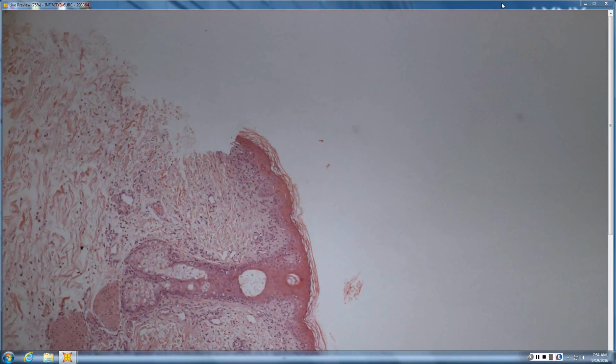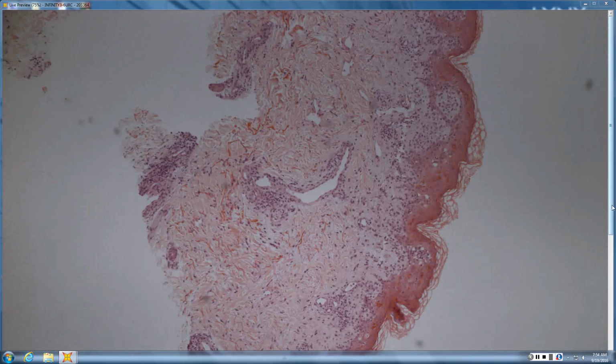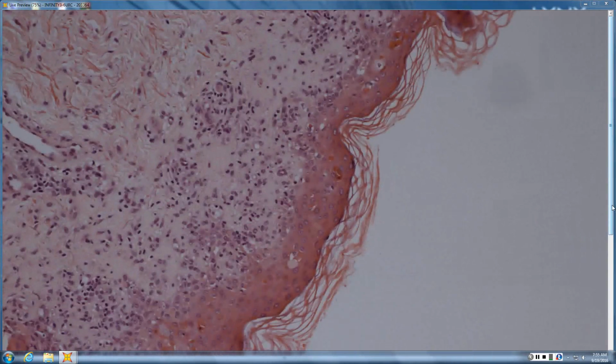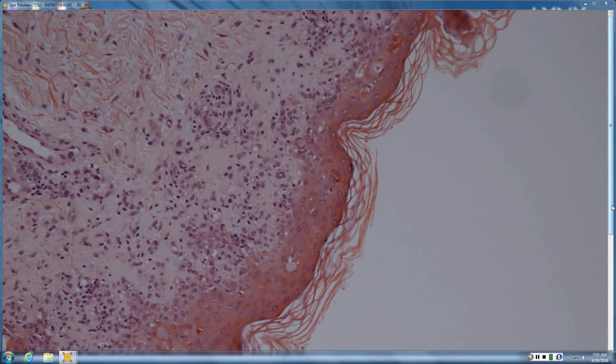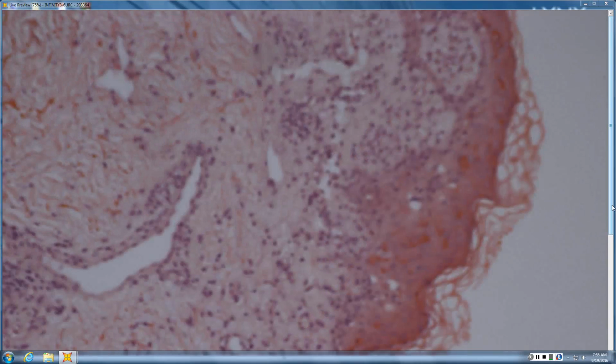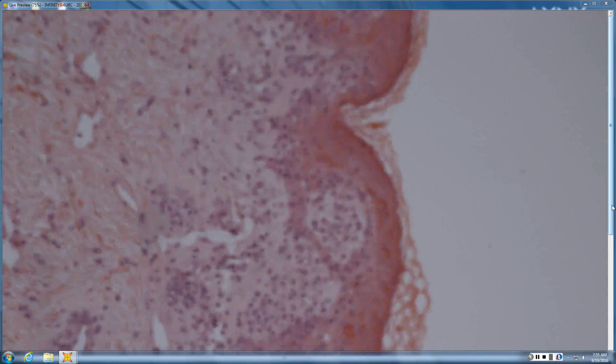Okay, Rachel, what do you see? It looks like I'm seeing more of a lichenoid interface. So interface, and in some areas it looks like you've got sawtoothing, and a very dense band. There's some deeper infiltrate as well.